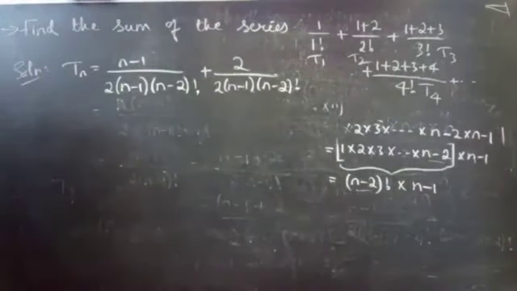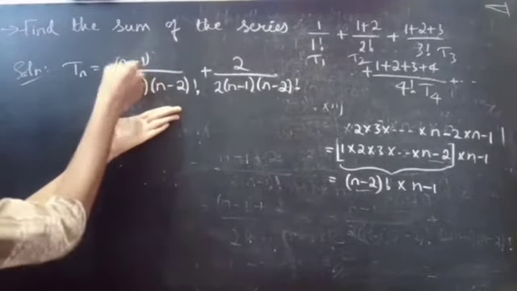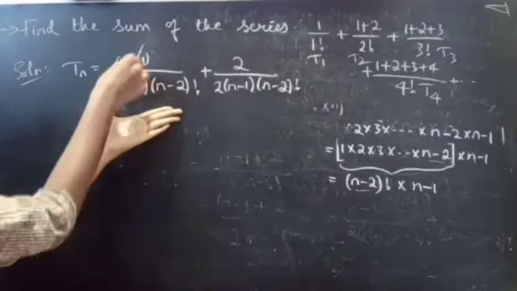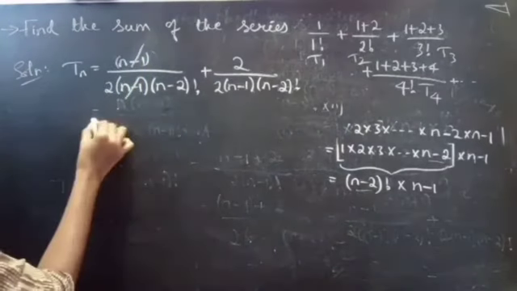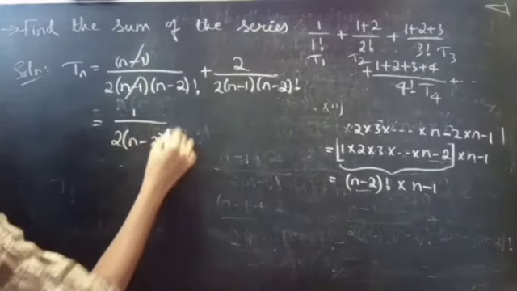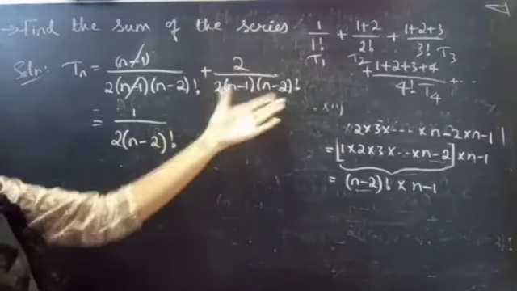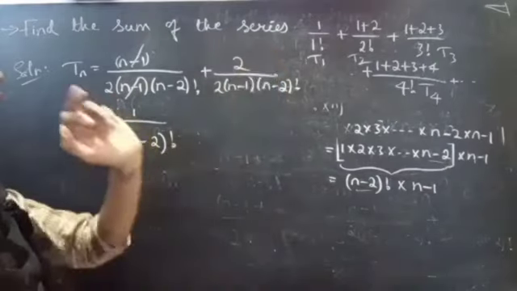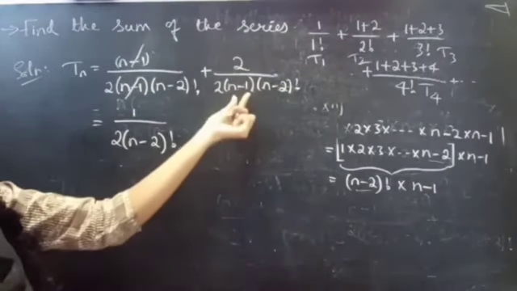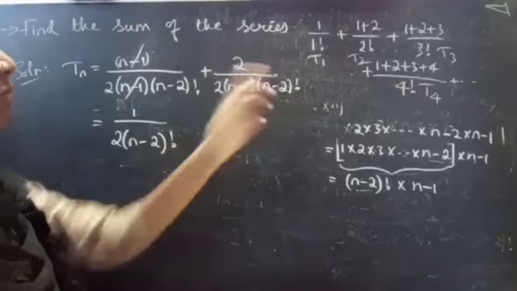Okay. So now in this first term you're having n minus 1 in the numerator and in the denominator, so you can cancel it. Finally you'll get 1 by 2 into (n minus 2) factorial. But in the second term, you don't have any n minus 1 in the numerator, but in the denominator you have (n minus 1) into (n minus 2) factorial.